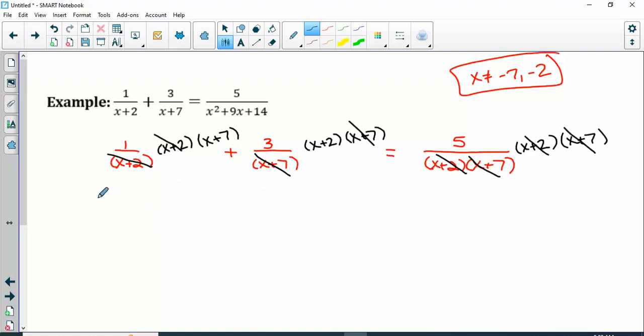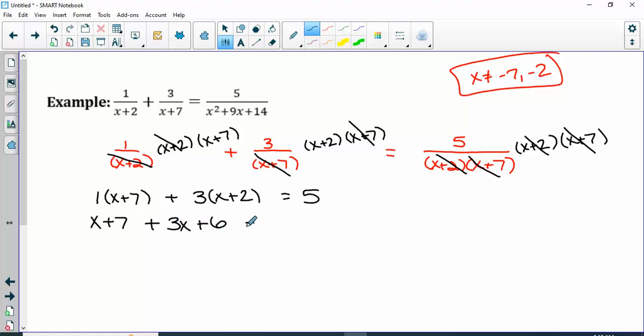So if you write this next step or not, that's kind of up to you. I'm left with 1 times the x plus 7, 3 times the x plus 2, equals 5. So we get x plus 7 plus 3x plus 6 equals 5.